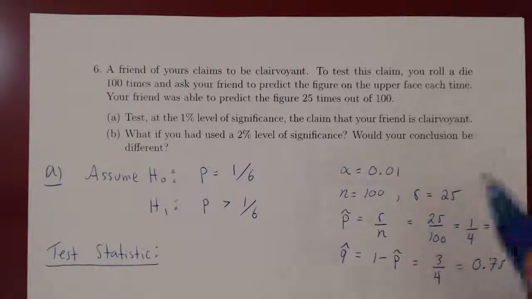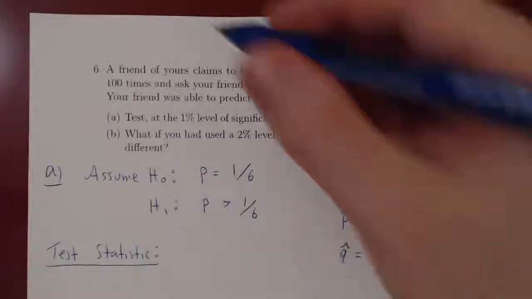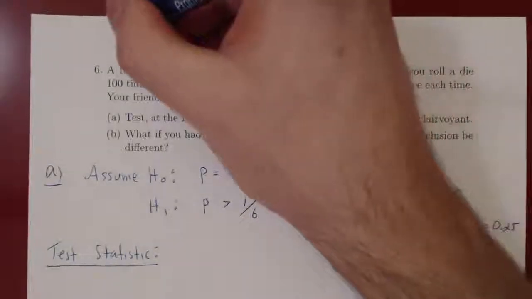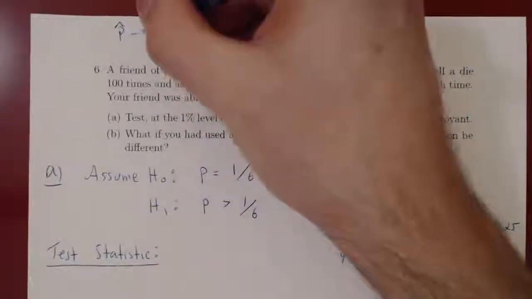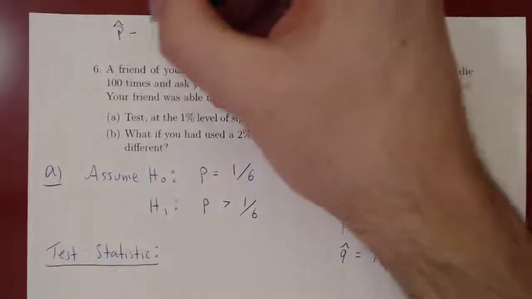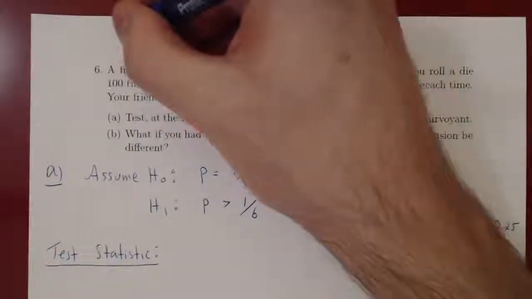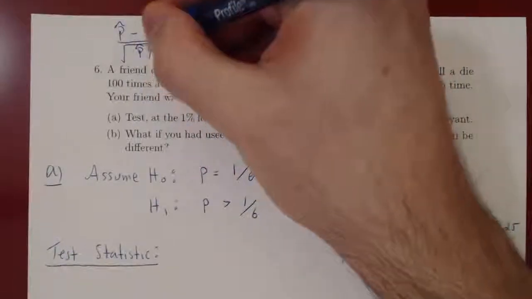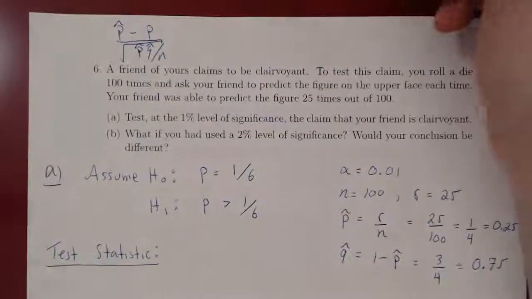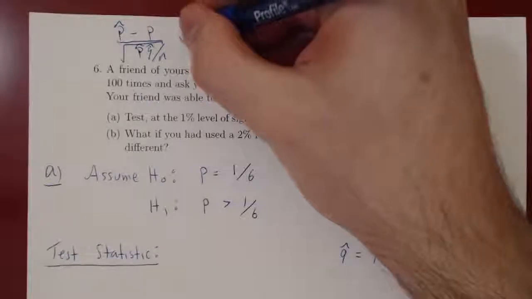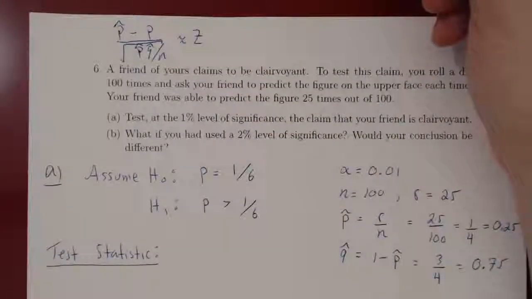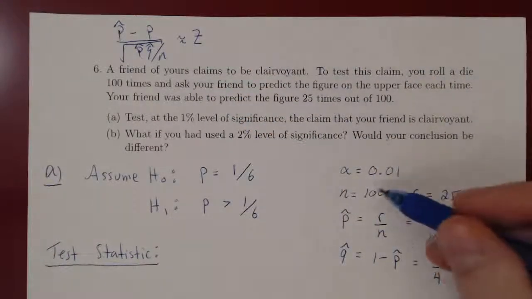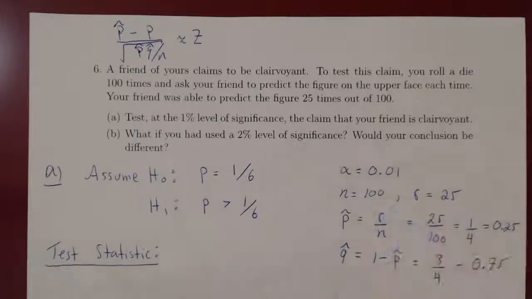If you remember, for a confidence interval for a proportion, we had the following statistic: p hat minus the true proportion, divided by the root of p hat q hat over n. And this approximately follows the z distribution. And here we're okay because we have more than 30 observations. We have 100.